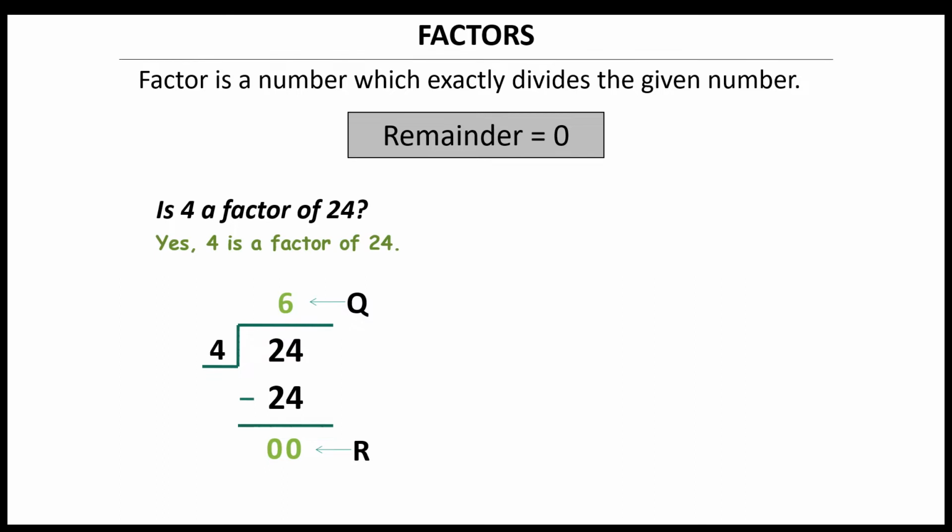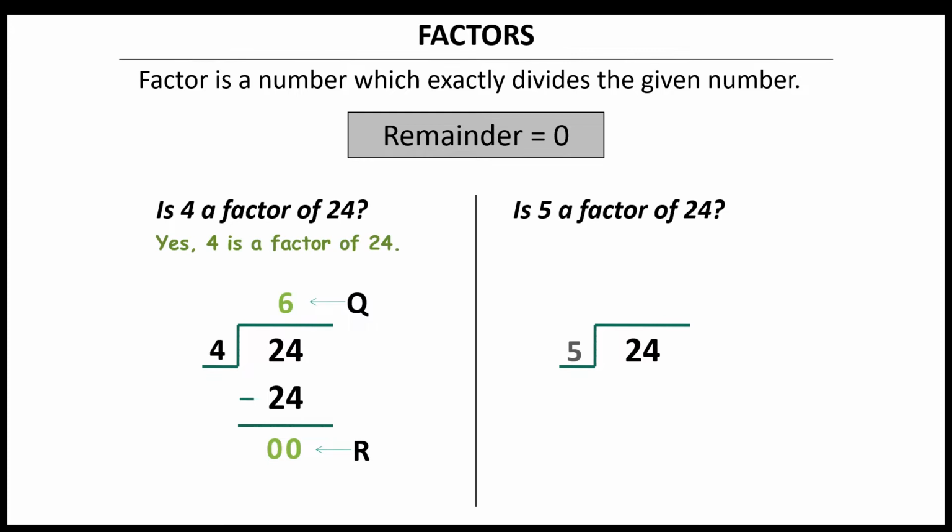In short, a factor of a number is an exact divisor of that number. See the next example. Is 5 a factor of 24? To know the answer, let's try dividing 24 by 5. 5 times 4 is equal to 20 and 24 minus 20 is equal to 4.